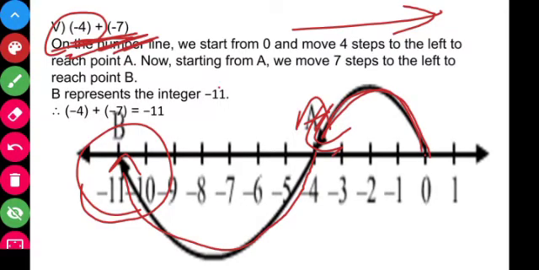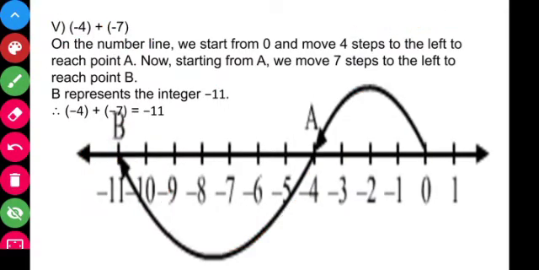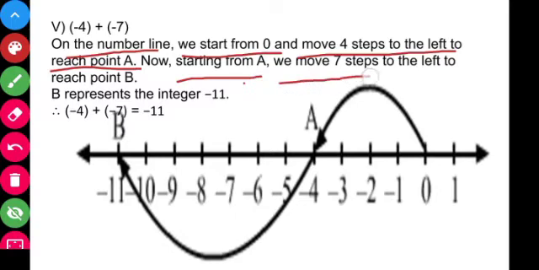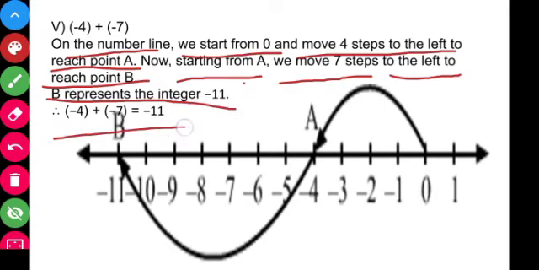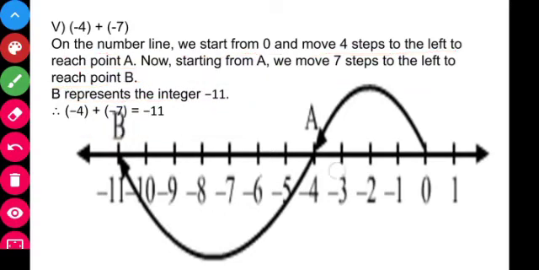This represents point B. So on the number line we start from 0 and move 4 steps left, because this is minus 4, to reach point A. Now starting from A we move 7 steps to the left to reach point B, and B represents the integer minus 11. Therefore the sum of these two integers is minus 11. Okay, I hope you all are understanding. Now come to the next question.